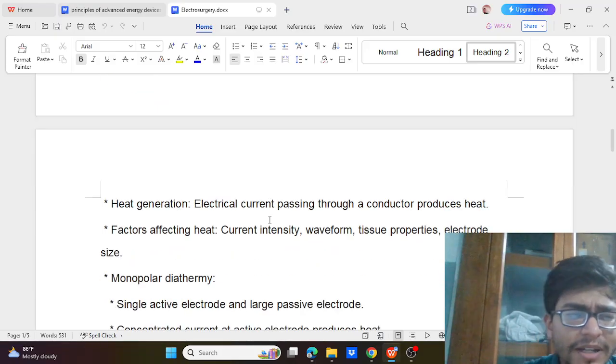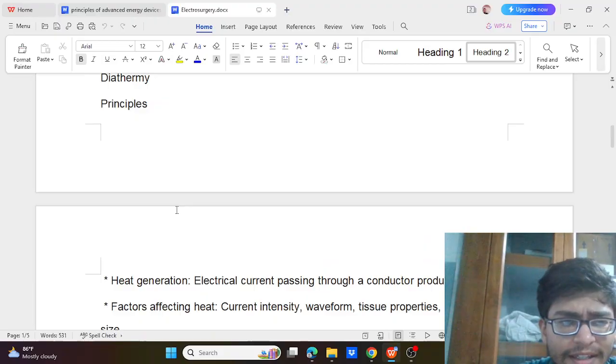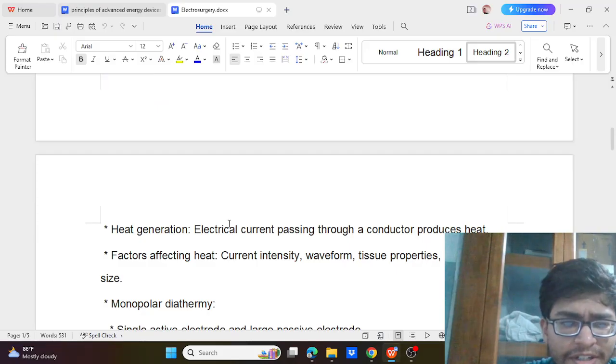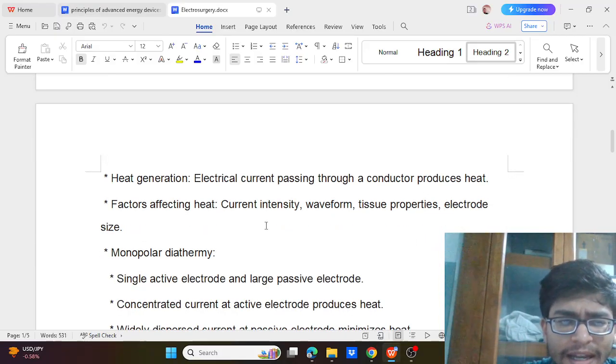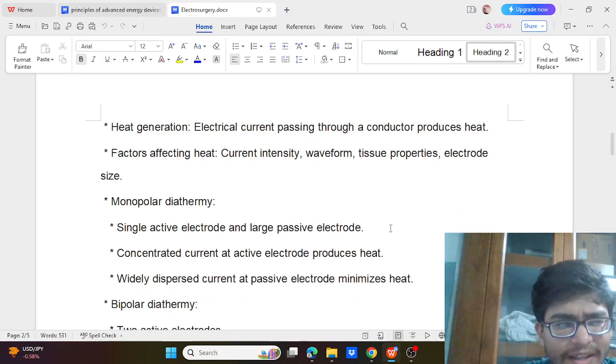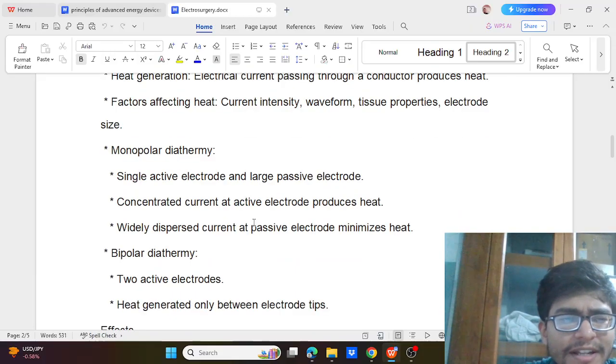So now we see the principle. In diathermy, there is heat generation. How does this generate? When the electrical current passes through a conductor, it produces heat, and this heat depends on various factors like the current intensity, waveform, tissue property, electrode size, etc. Then we have various types of diathermy, that is monopolar diathermy, where we have a single active electrode and a large passive electrode, which is generally applied on the back or the leg region.